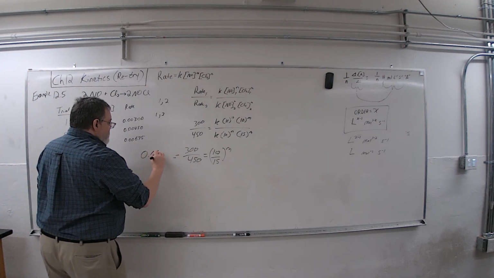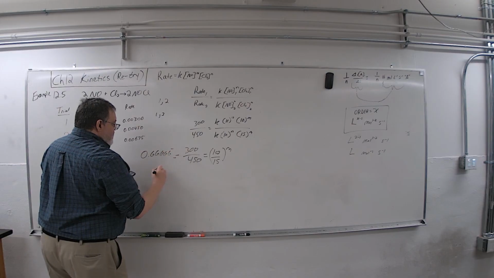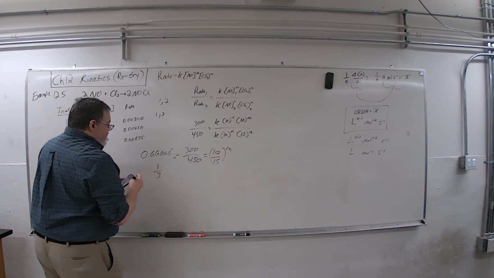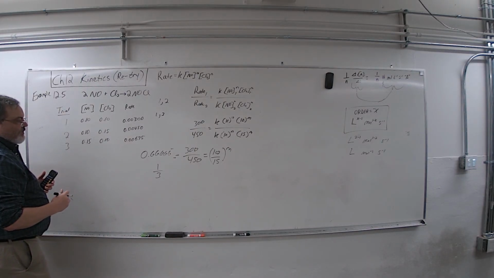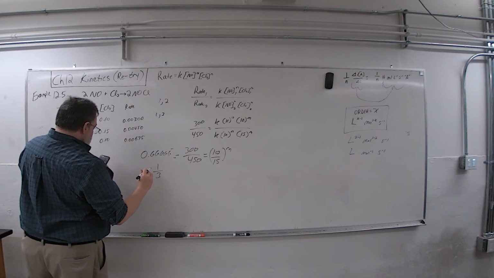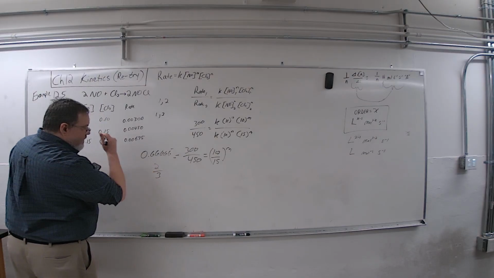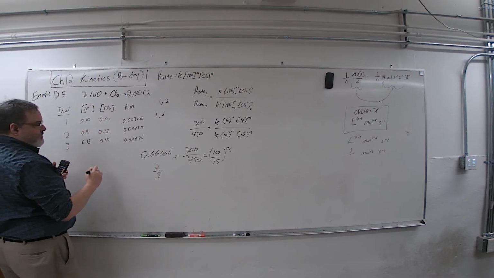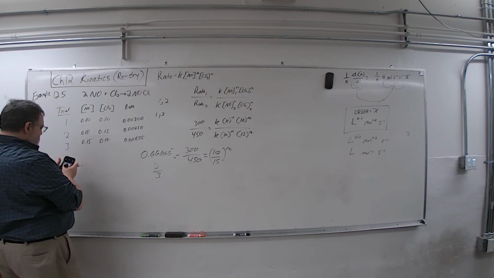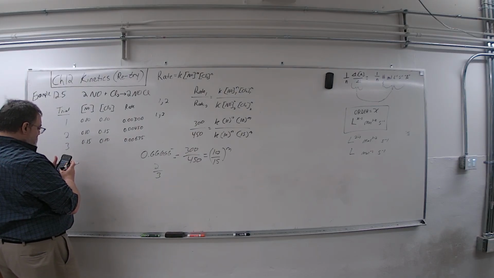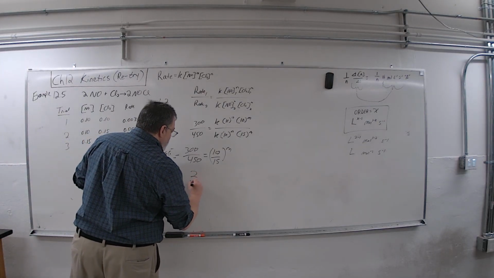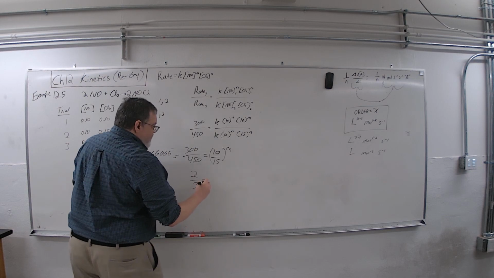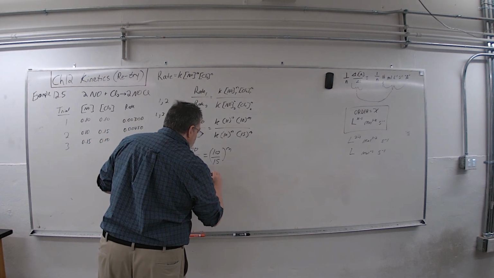Calculator says 0.6666, but that's 1 over 3. Maybe 2 over 3. Yes, 2 over 3. And this is 1 over 3.